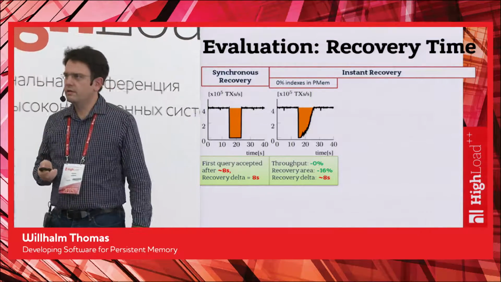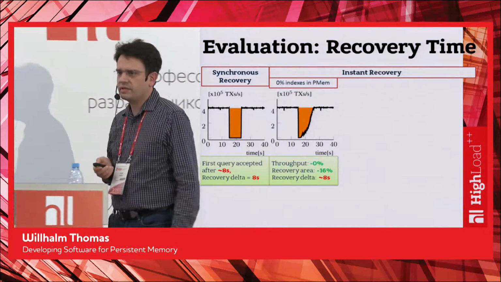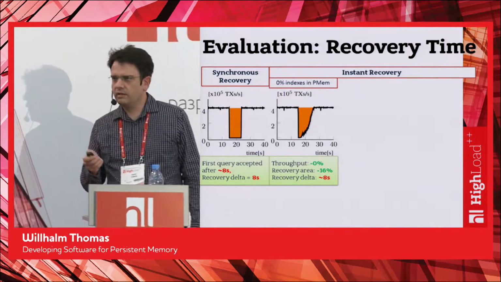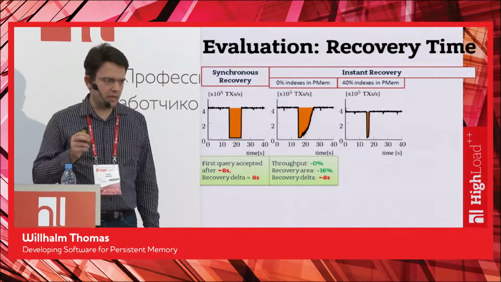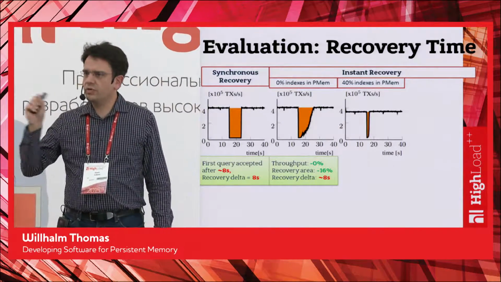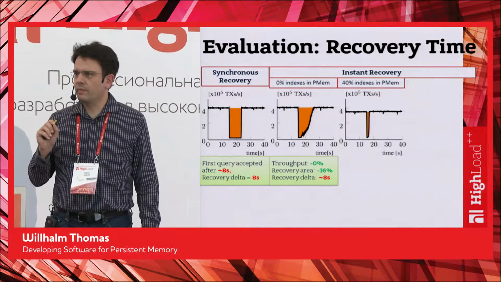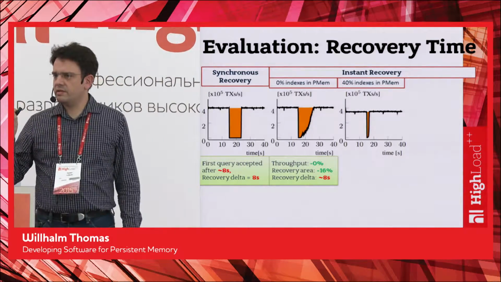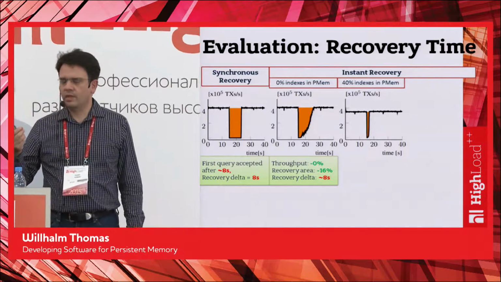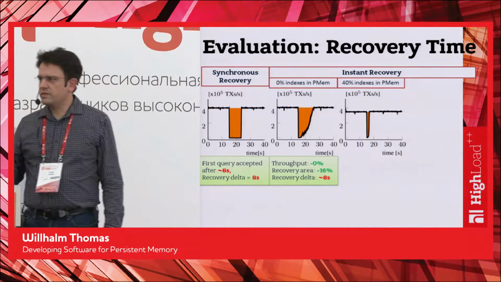It's 16% smaller. Now we have another thing to play with, and this is, how about moving some of the indices to persistent memory? When we make some of the indices persistent, we don't need to rebuild them. This is what you see here.